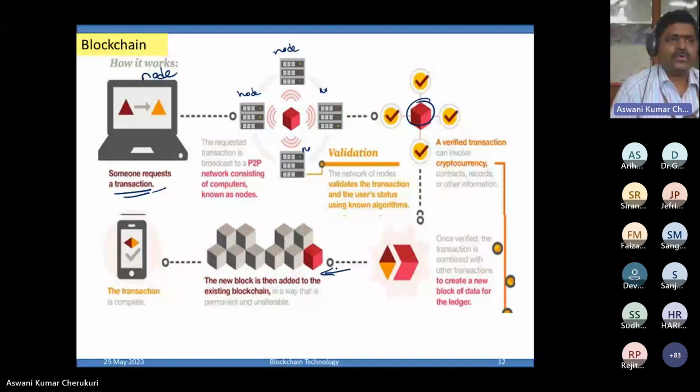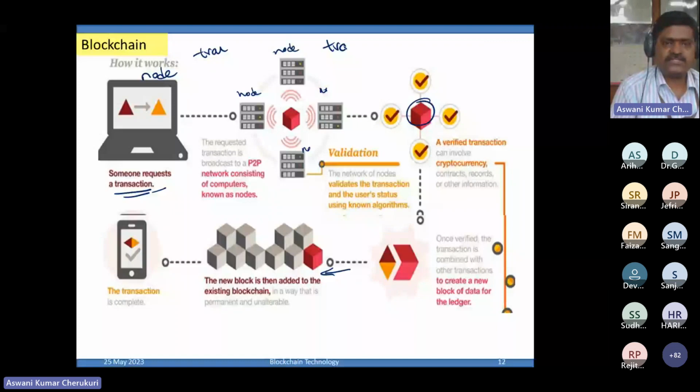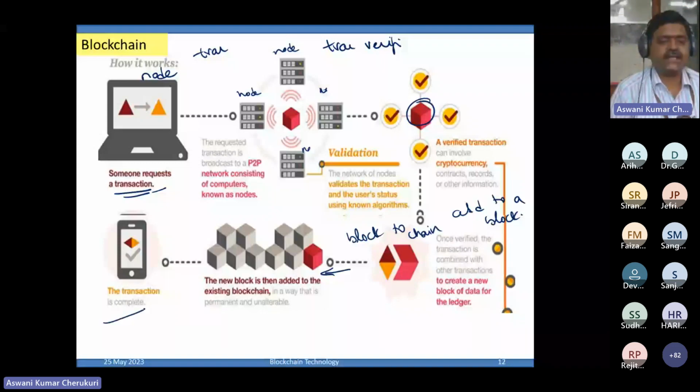So a node creates a transaction, the transaction gets verified, once verified it is added to the block, and once a block is created, the block is added to the chain. Then you say the entire transaction is completed.